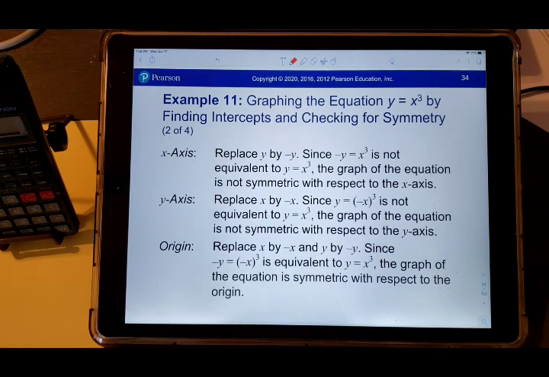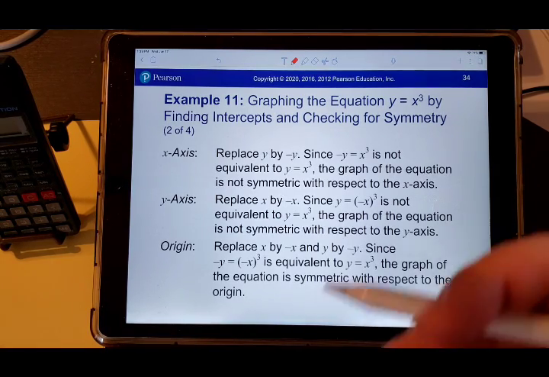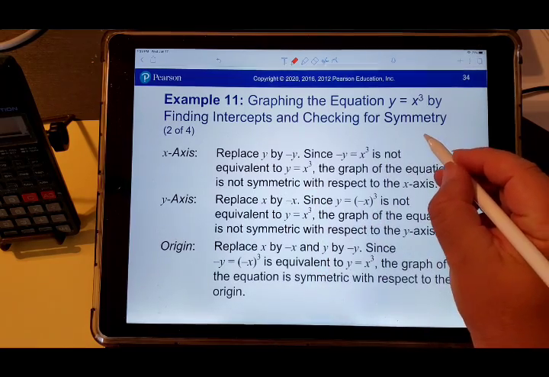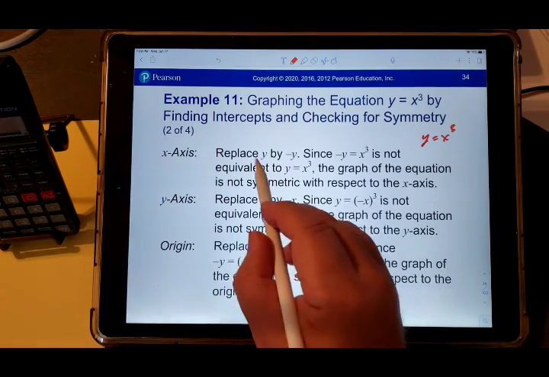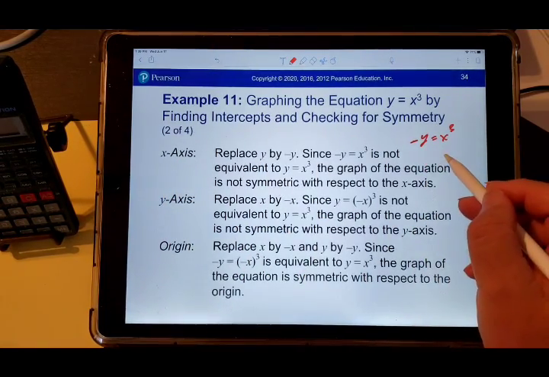Next thing we're going to do, and I don't want to say this is just for fun, but this is just to show the process. In y equals x cubed, replace y with minus y and ask yourself, do I get the same thing?